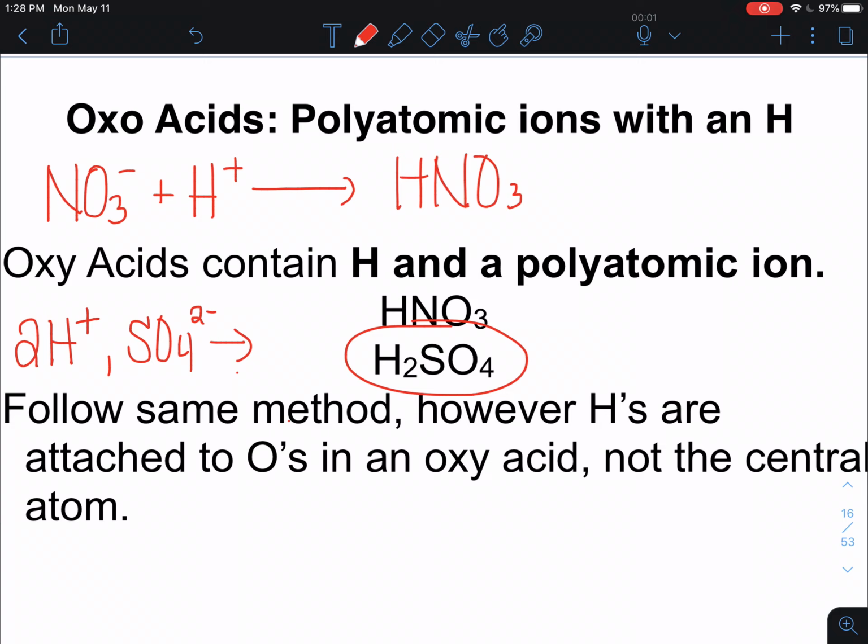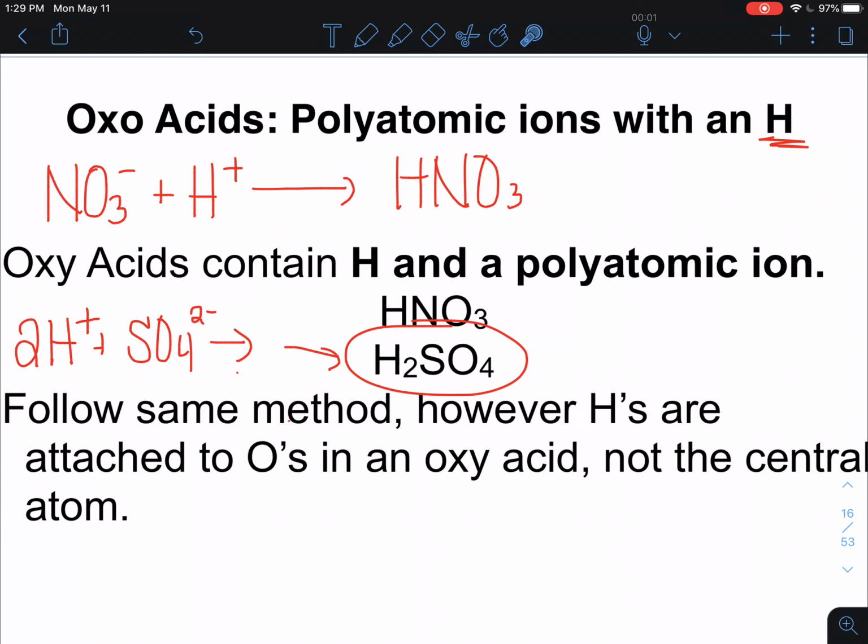We put those together, and that's going to give you H2SO4. So these are considered oxyacids. They're polyatomic ions with a hydrogen associated with it.